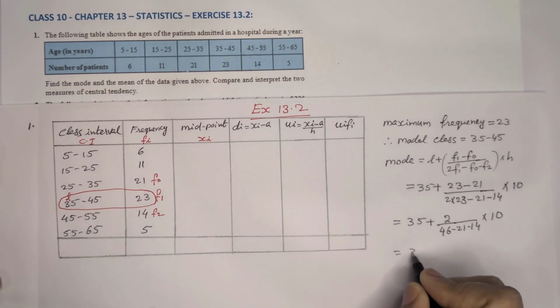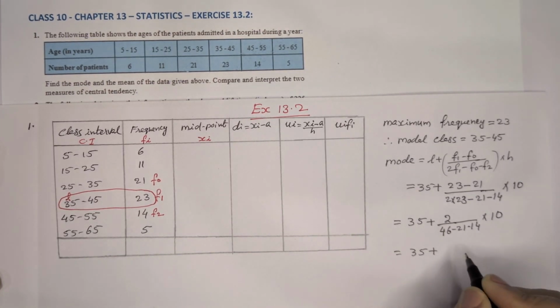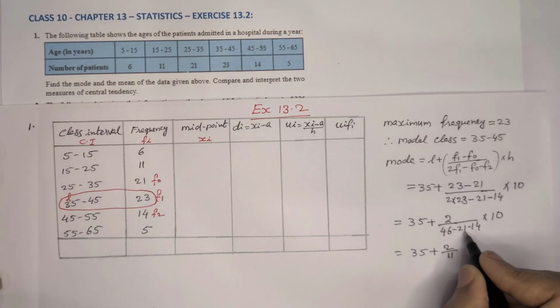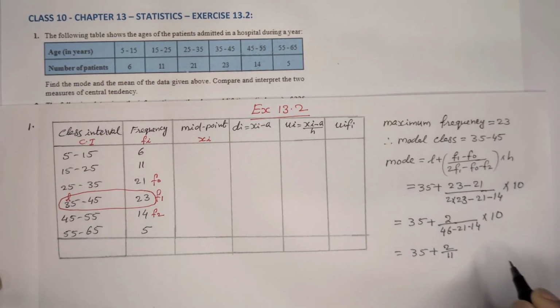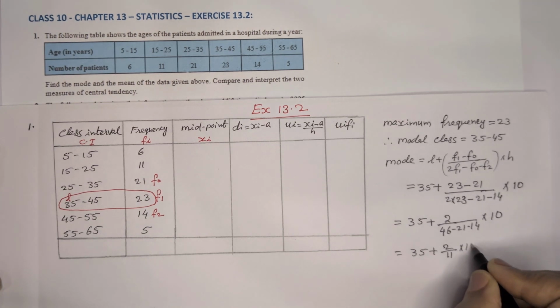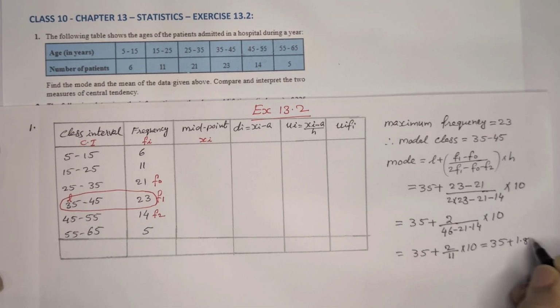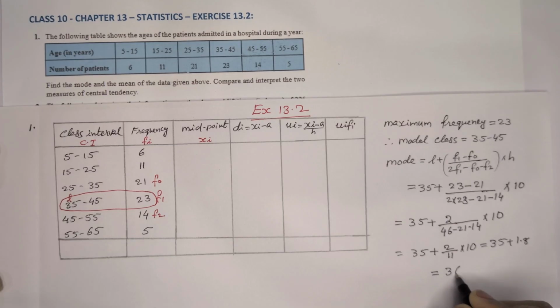It is equal to 35 plus 2 by 11, because when you subtract from 46, you will get 11, into 10, which is equal to 35 plus 1.8. That means mode is equal to 36.8 years.